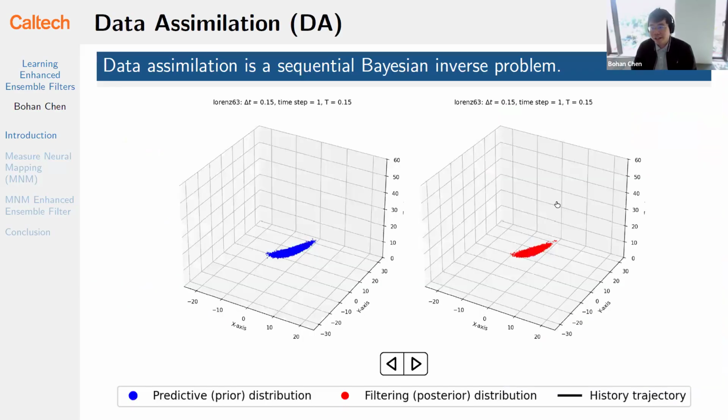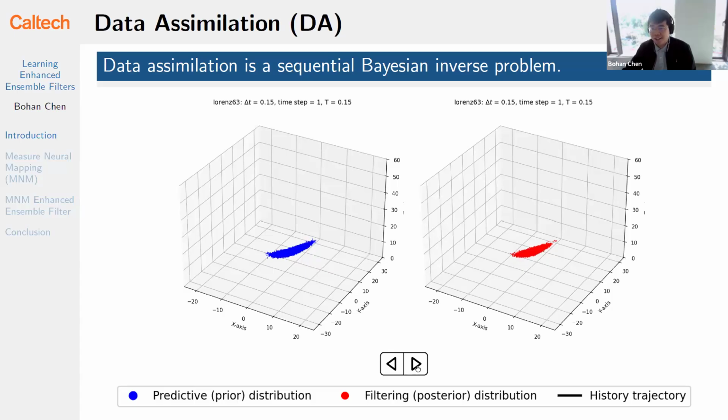And data assimilation, if I want to use one sentence to describe it, we can treat it as a sequential Bayesian inverse problem. That is, we have a trajectory of some PDE, of some dynamic model, and we solve a Bayesian inverse problem at every discrete time step in this dynamic.